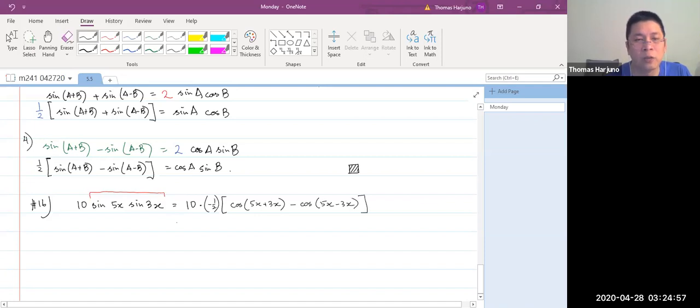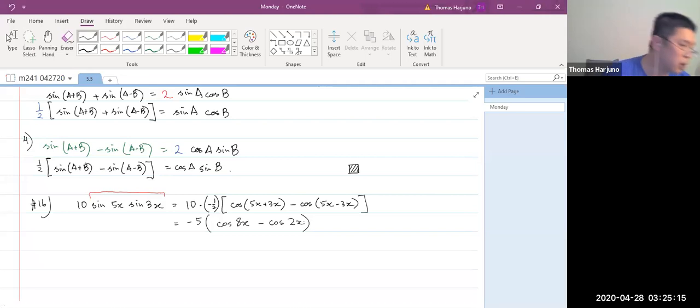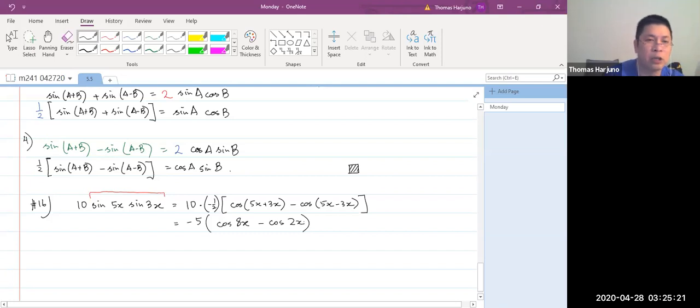Okay, that will give me negative 5 times cosine of 8x minus cosine of 2x. Okay, that's it. That's all you need to do. Now of course, which one to use in what situation, you need to practice.